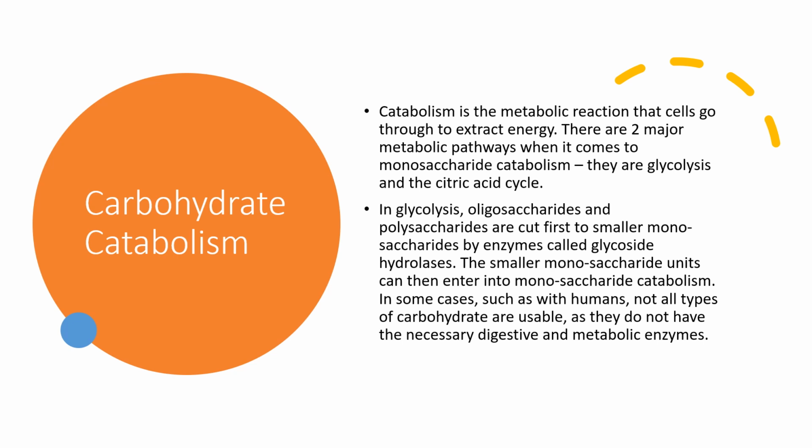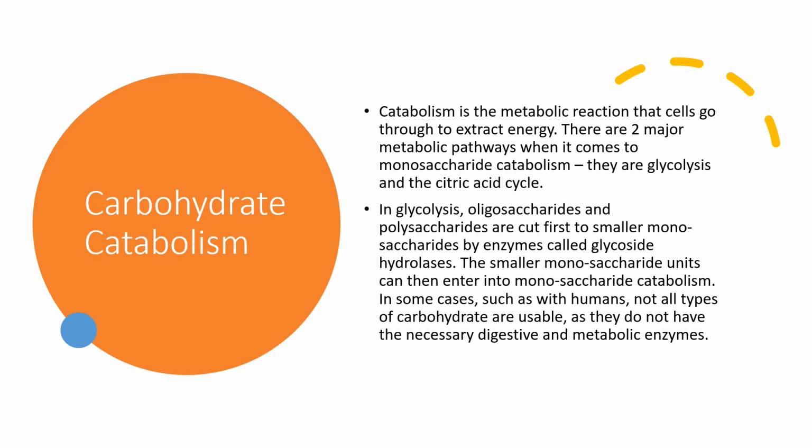Now let's take a look at carbohydrate catabolism. Catabolism is the metabolic reaction that cells go through to extract energy. There are two major metabolic pathways when it comes to monosaccharide catabolism. They are glycolysis and the citric acid cycle.